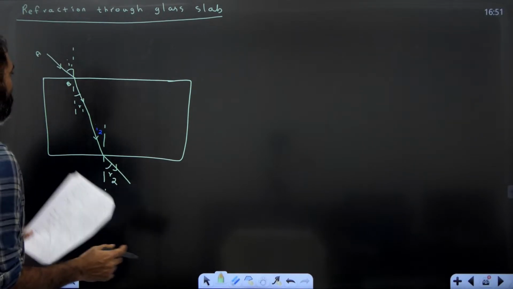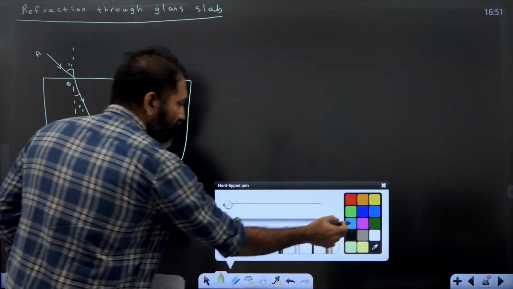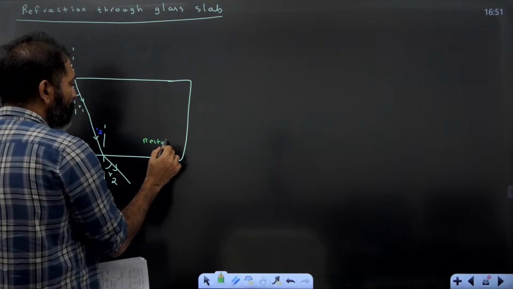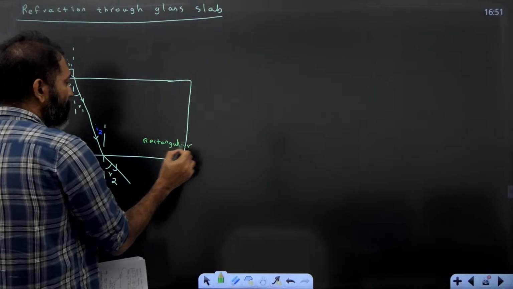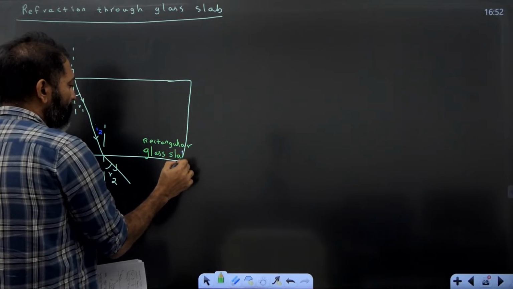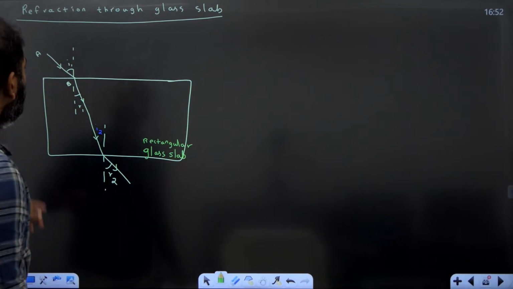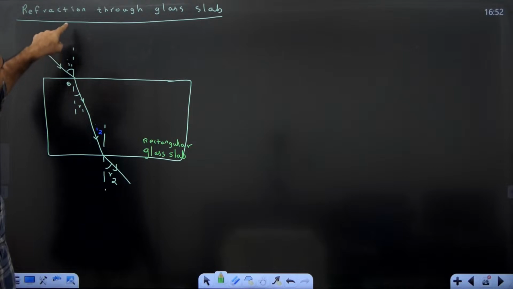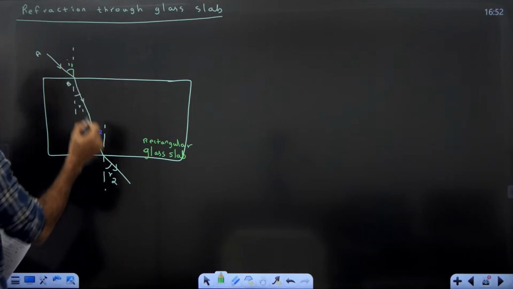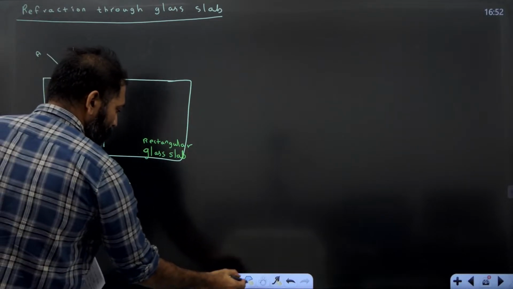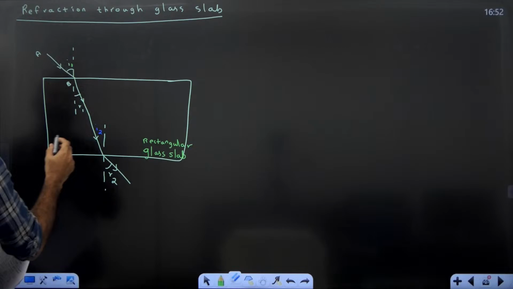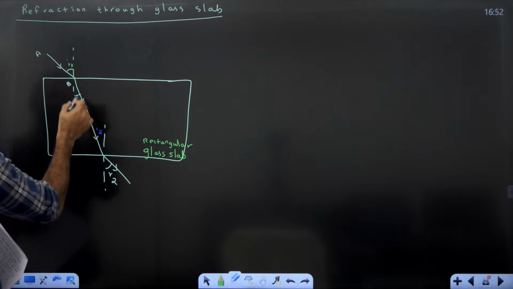Again I am repeating, it's a rectangular glass slab. In this rectangular glass slab, AB is the incident ray. This is the normal. This is angle I1. This is angle R1, the refracted ray.